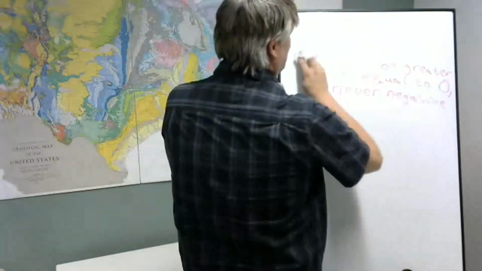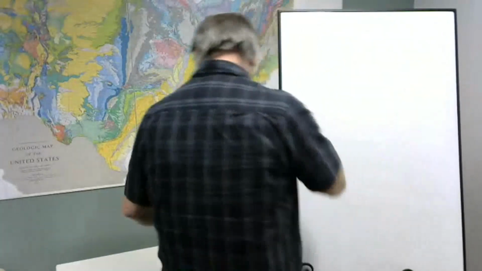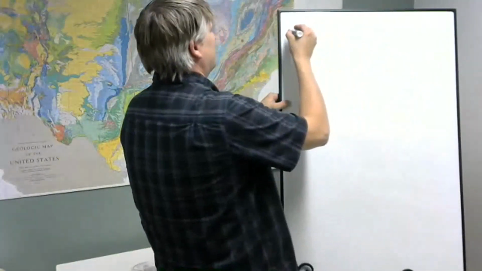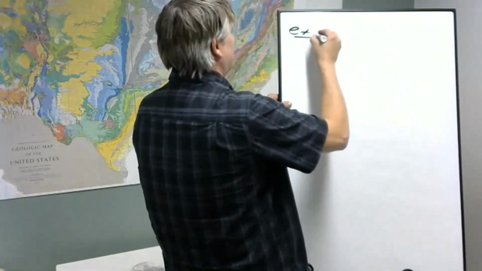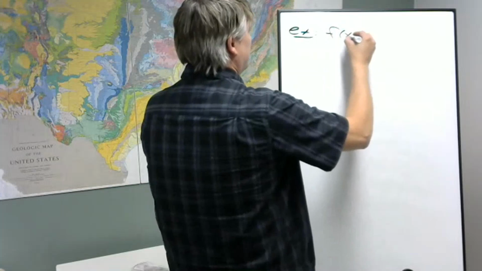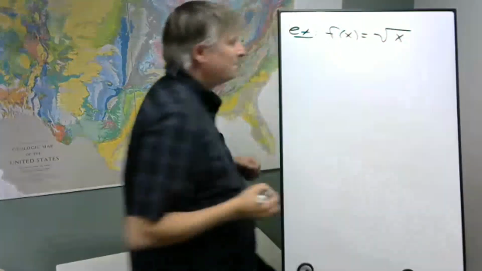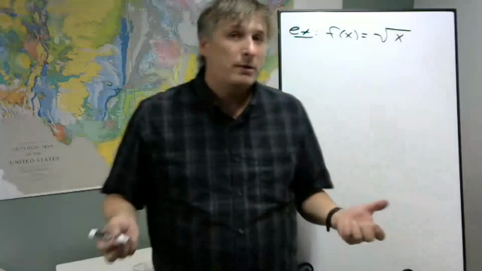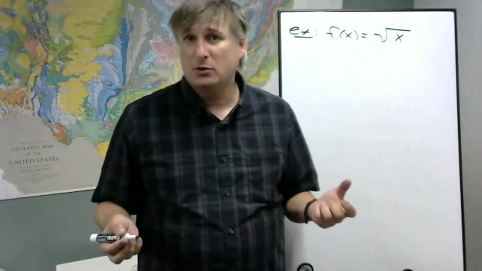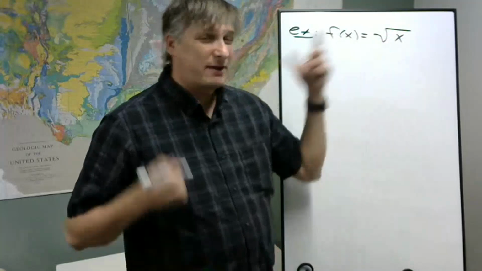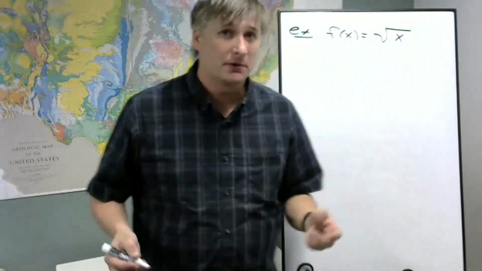So let's do an example. f of x equals the square root of x. So what we do is this. To figure out the domain of this function, because it has a square root in it, let's take whatever's in the square root and insist that it's greater than or equal to 0.